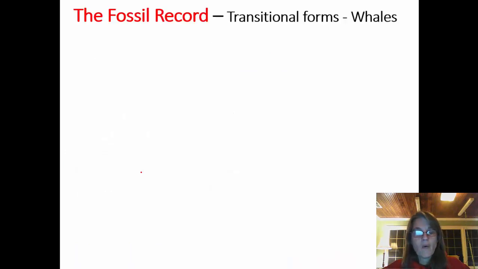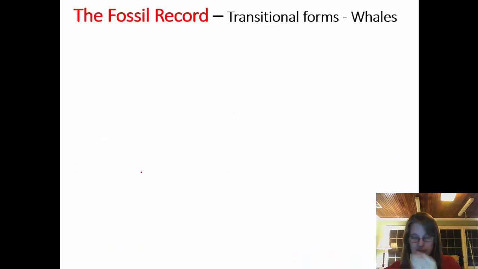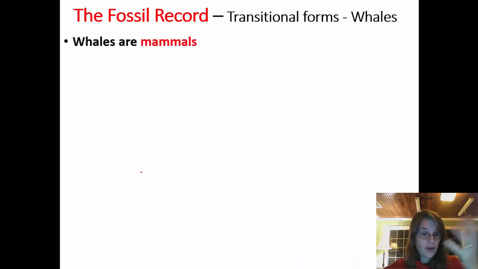Okay. Whales, another awesome set of transitional fossils showing us step by step, and it is quite detailed, not much more detailed than the transition from reptile to bird. We have almost a step-by-step account of whale evolution. So whales are mammals.